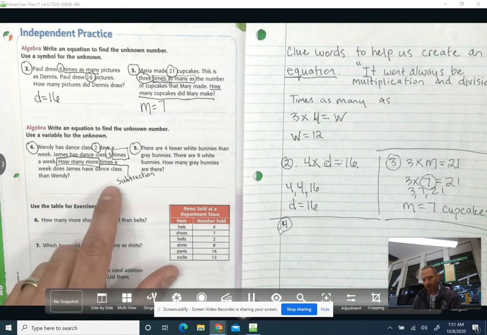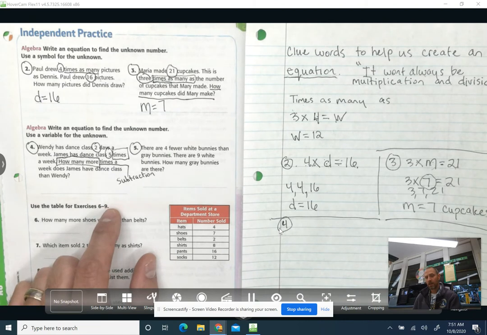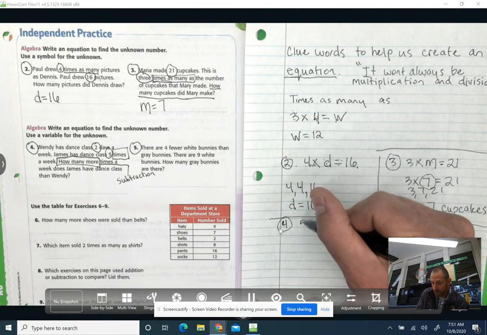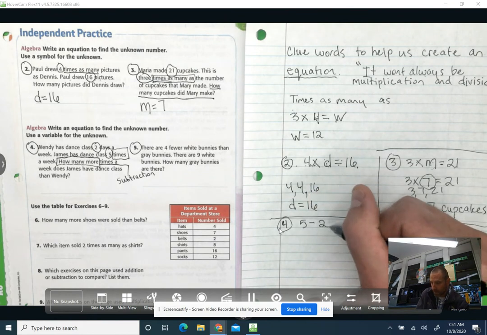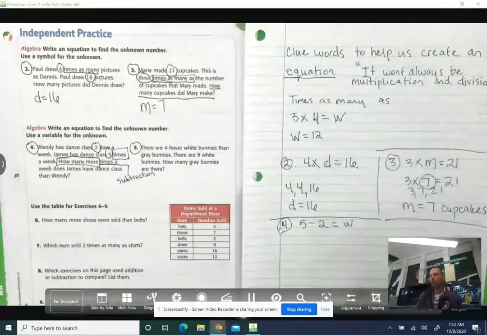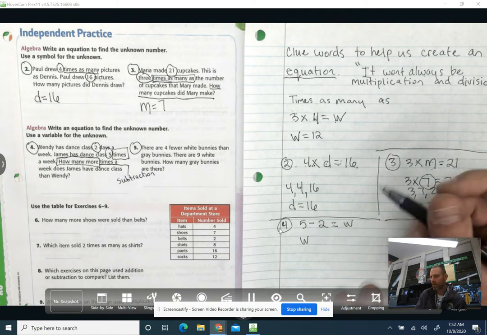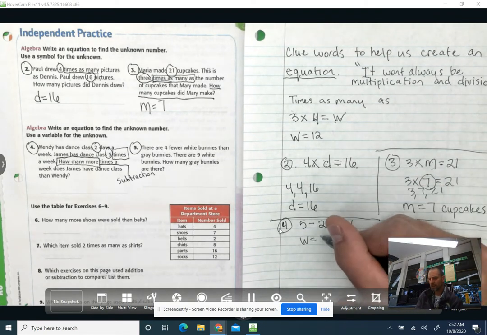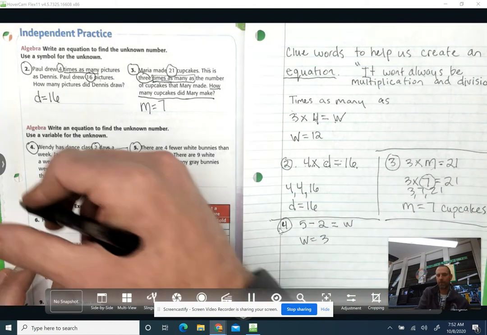How many more times a week does James have dance class than Wendy? All we have to do, 5 minus 2 equals W, right? Wendy, or dance class. How many more times? 5 minus 2 is 3.